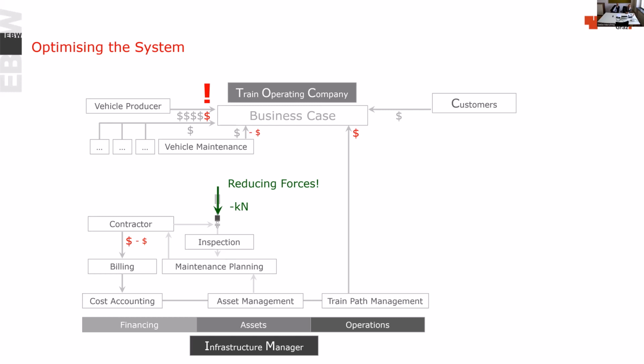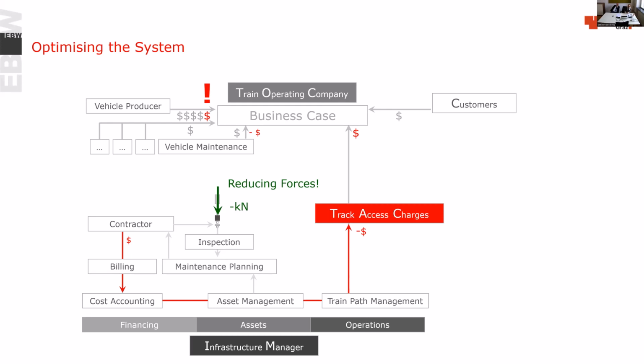For our case of the track access charging, it is interesting if these savings, the lower costs due to the reduced forces, will make their way into the business case. So they run through cost accounting again and stop here at track access charging.